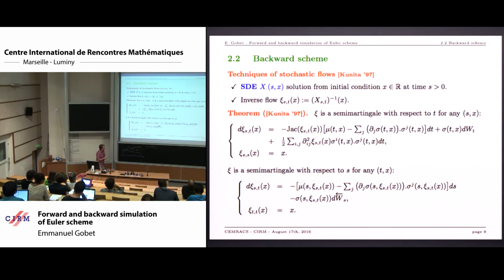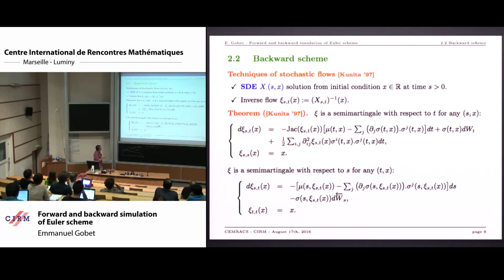So what we know is that if the coefficients are smooth enough, in fact we have a diffeomorphism between the space for the initial point, so x takes value in Rd, and the ending point, that is Rd. So you start from Rd, you go to Rd, and this is a diffeomorphism.